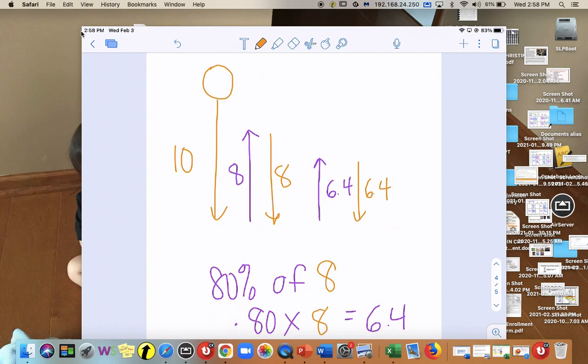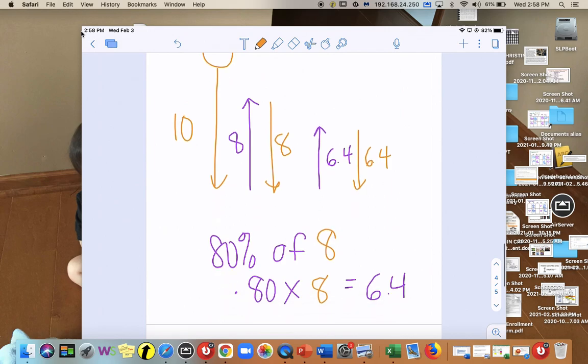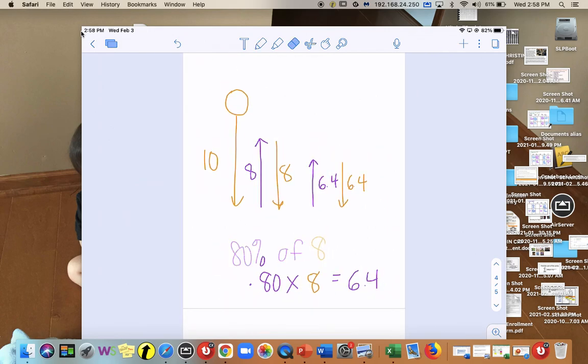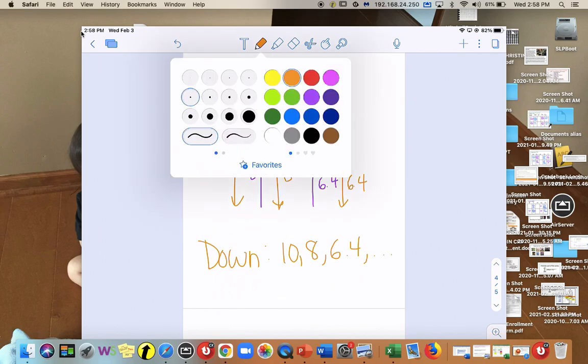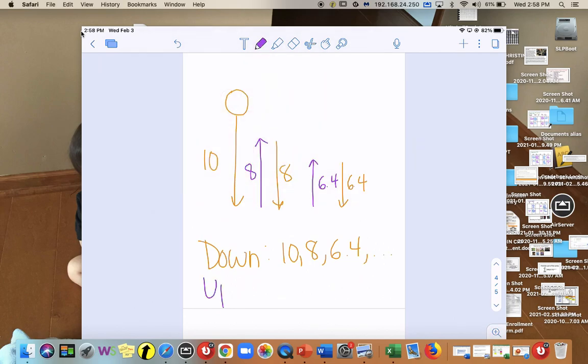And then we could keep going. So if you notice, there's really two sequences here. There's the up height and the down height. So the down, it's 10 feet first, and then 8, and then 6.4, and then it keeps going. And then the rebound height, so the up or the rebound, starts at 8, and then 6.4, and then it keeps going.